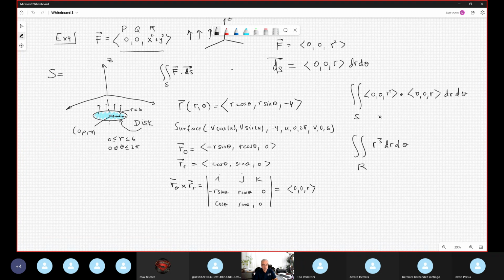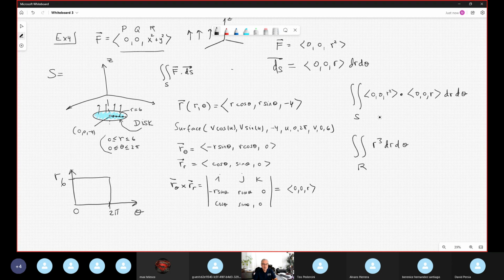The region R is obvious, that is the projection. Well, the region R, no projection, it's parametrization. So it's in a new abstract plane, theta r, that is this condition, from 0 to pi and from 0 to 6.